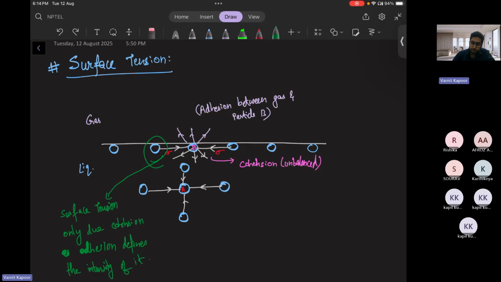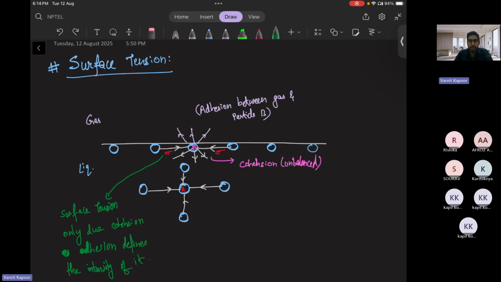This intermolecular attraction is what is called cohesion, but particle B is experiencing unbalanced cohesion forces because the top fluid is gas instead of liquid. So there is an unbalanced scenario. The force amount won't be equal. That is why adhesion is happening between the gas and particle B, and this leads to an unbalanced cohesive force scenario.